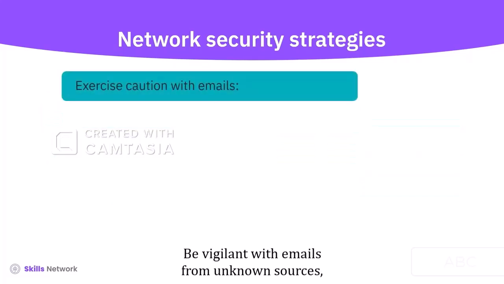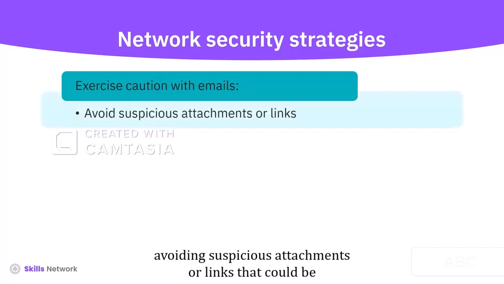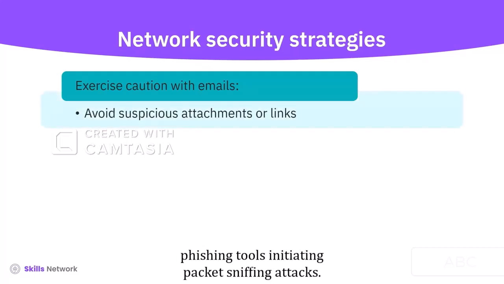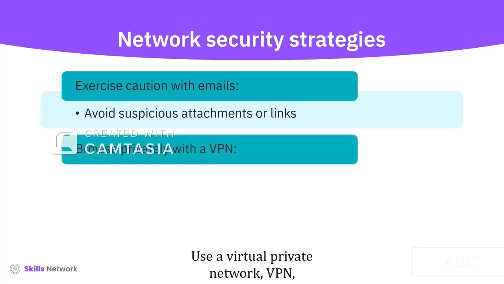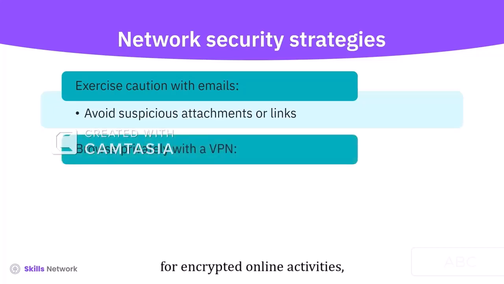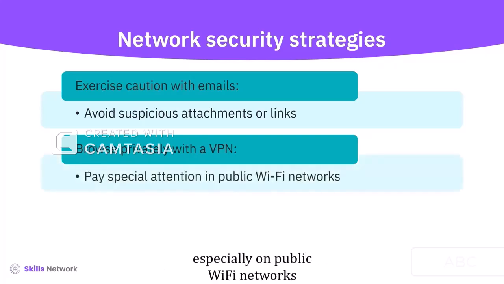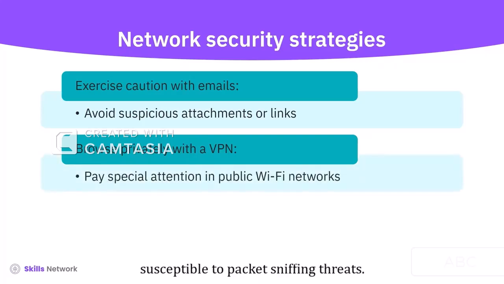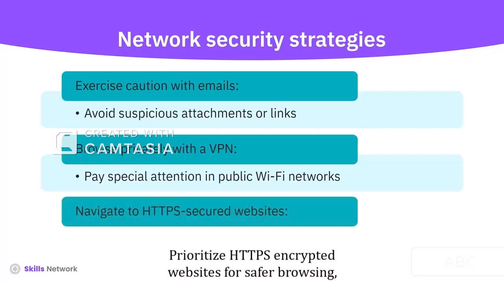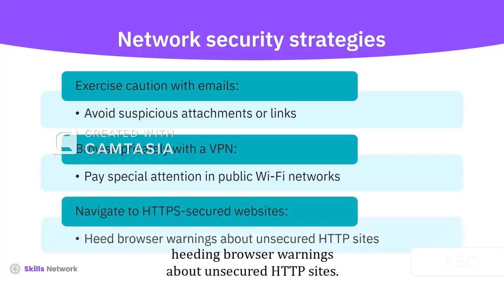Be vigilant with emails from unknown sources, avoiding suspicious attachments or links that could be phishing tools initiating packet sniffing attacks. Use a virtual private network, VPN, for encrypted online activities, especially on public Wi-Fi networks susceptible to packet sniffing threats. Prioritize HTTPS encrypted websites for safer browsing, heeding browser warnings about unsecured HTTP sites.